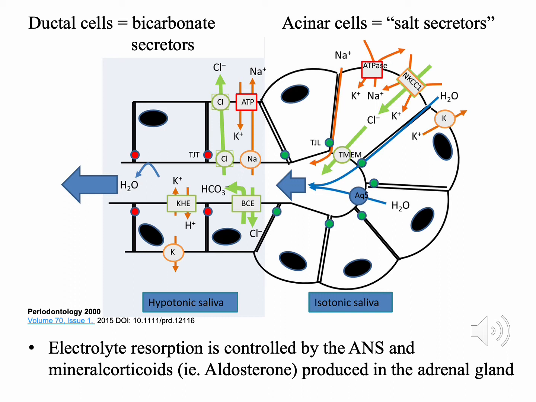And that will generate a hypotonic saliva, which will then enter into the rest of the ductal system. This electrolyte resorption is controlled by the autonomic nervous system and also via a mineralocorticoid known as aldosterone. And this is produced in the adrenal gland.